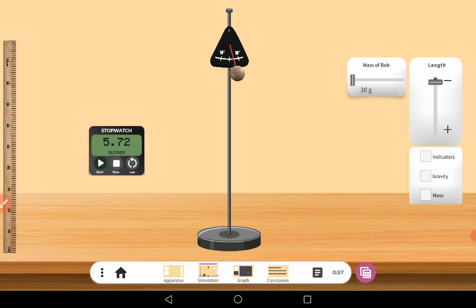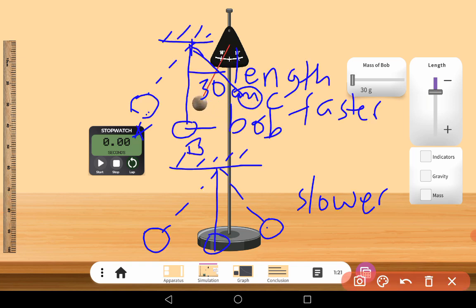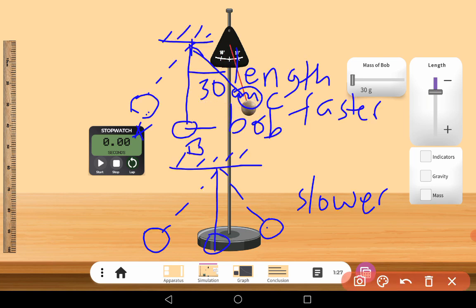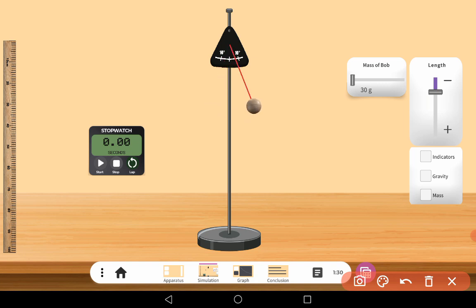But if you increase the length of the string, let's say to 30, and you displace it, you see the number of oscillations seems to decrease this time around. You can actually see that the oscillations have decreased.